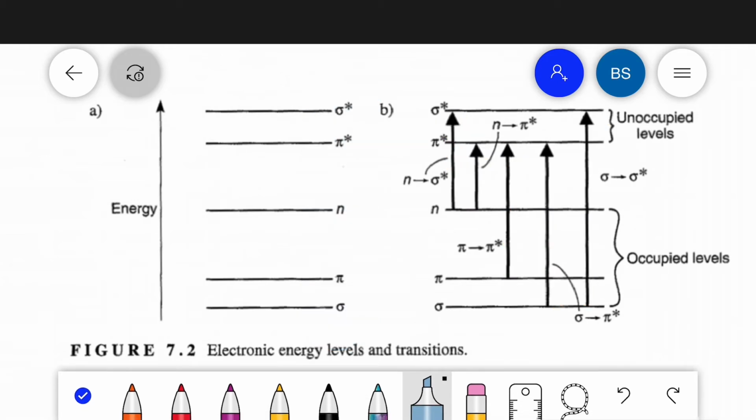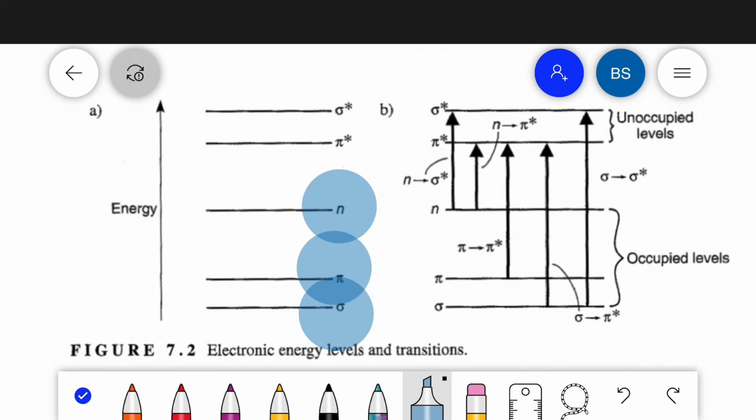For most molecules, the lowest energy occupied molecular orbitals are sigma orbitals, which correspond to sigma bonds. The pi orbitals lie at somewhat higher energy levels, and the orbitals that hold unshared pairs of electrons are called n orbitals or non-bonding orbitals, and they lie at even higher energies.